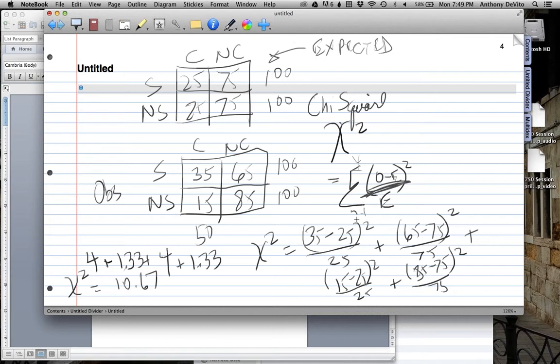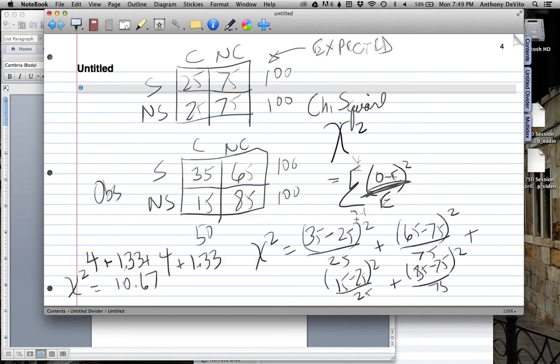That is in there because 2 by 2 tables tend to overestimate, or are overly generous with, the chi-square value. But we're not going to worry about that, especially if we have a decent sample size, right? Which would be, we want to make sure the expected values are always above 5 for any of these. If the expected values are less than 5, then we've got a problem with our sample size. Okay, so chi-square is equal to 10.7.